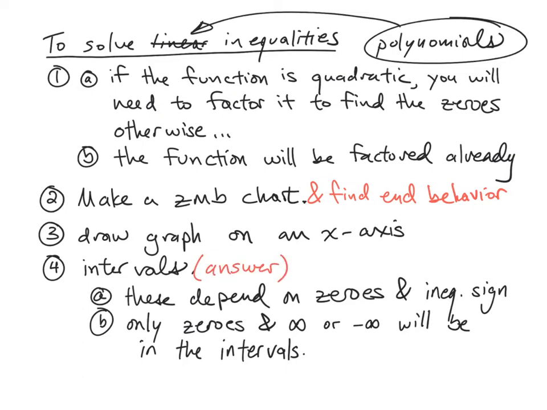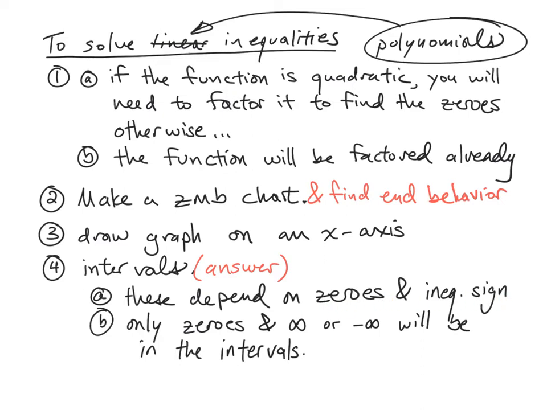And there could be one interval or multiple intervals for your answer. So the intervals depend on zeros and the inequality sign. Basically your graph and the inequality sign. That's how you will find your intervals.